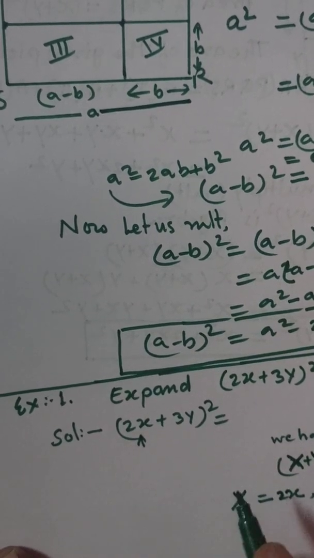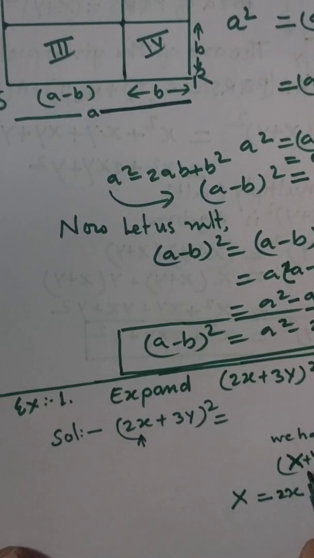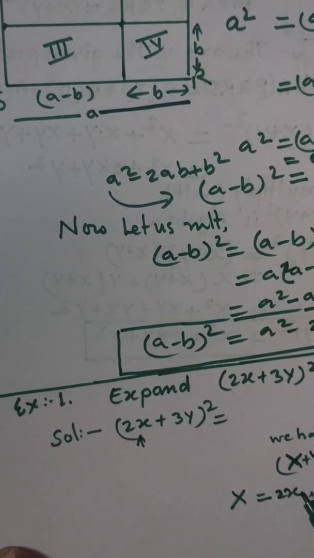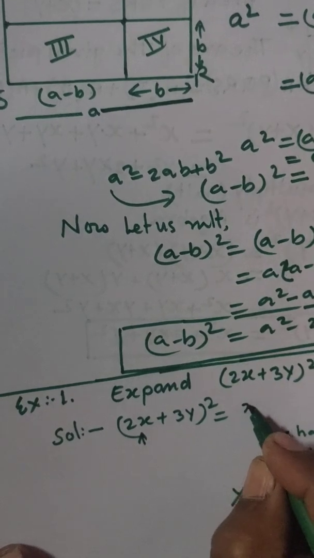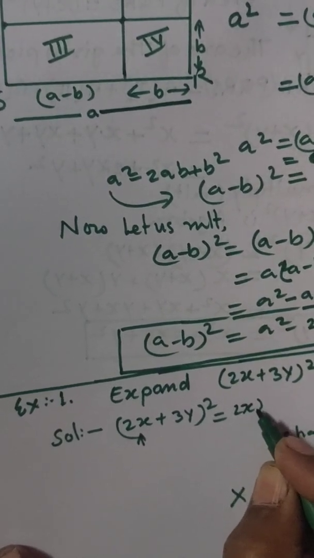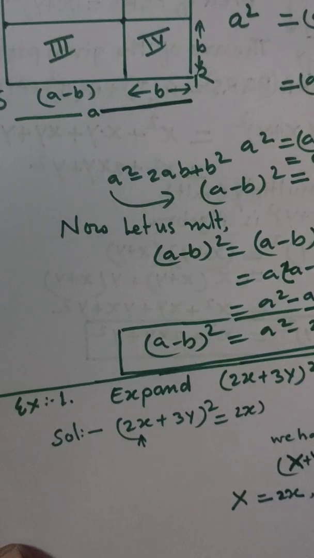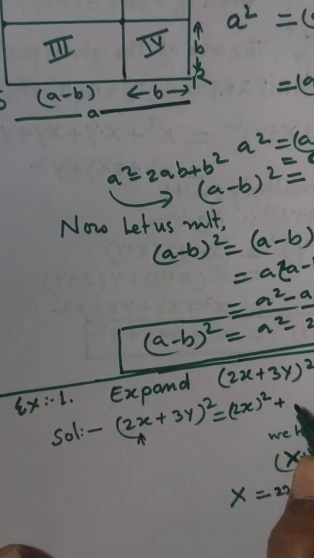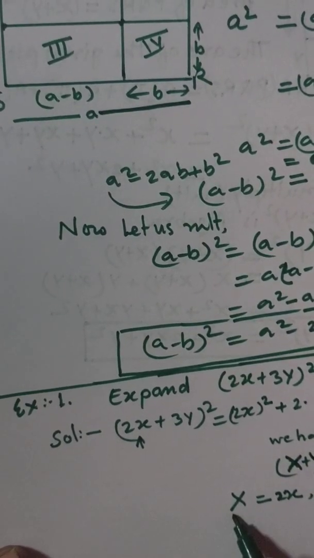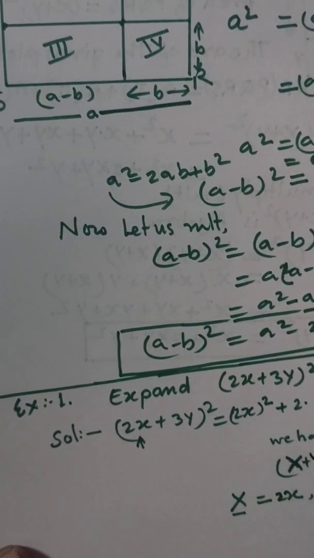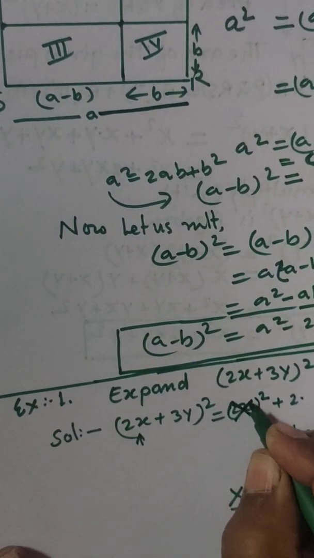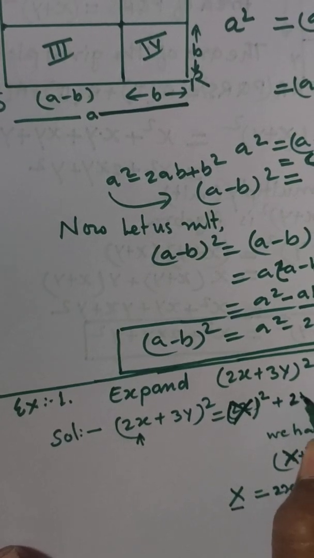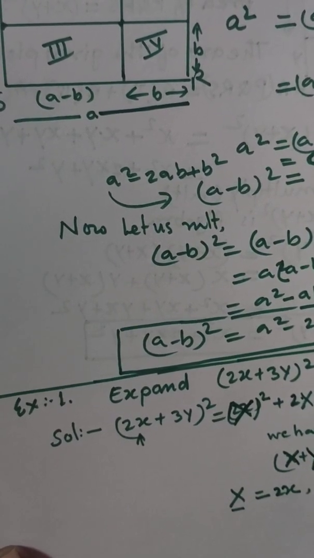Then according to this formula, X plus Y whole square is how much? That means 2x whole square plus 2 into X means this, or you can write here x whole square plus 2XY plus Y square.